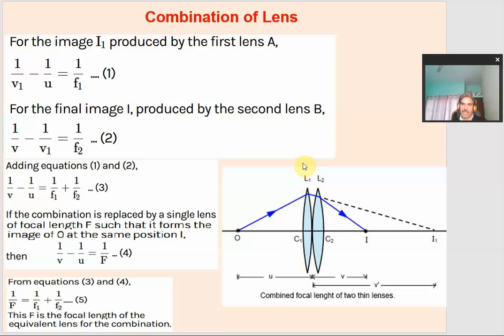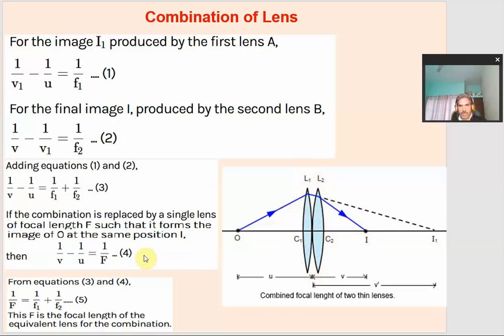Or we can say for one lens which produces the same effect, which will produce the image of the same object at position I, if that lens is also placed at the position of these two thin lenses.